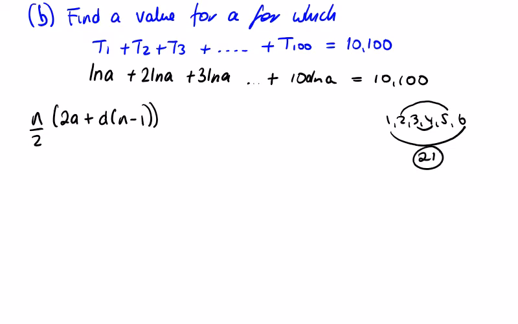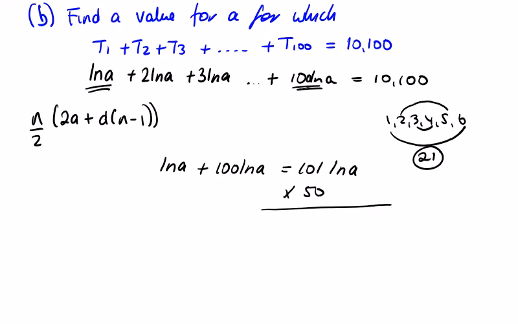So in this case we could add the first and the last and multiply by, there's 50 pairs of numbers here, so ln a plus 100 ln a is equal to 101 ln a, multiplied by 50 pairs of them, that's 5050 ln a, and don't forget your a, is equal to 10,100.